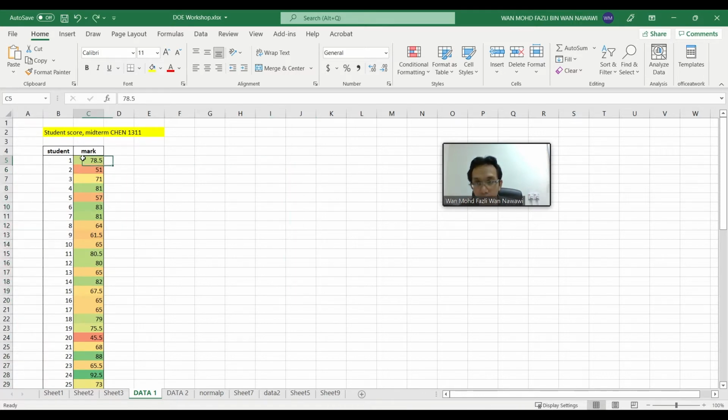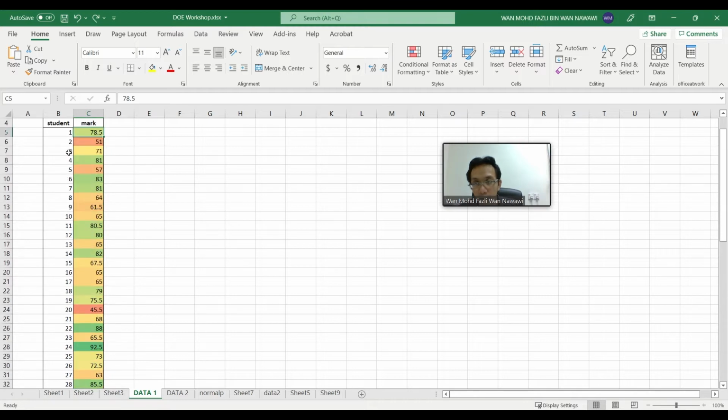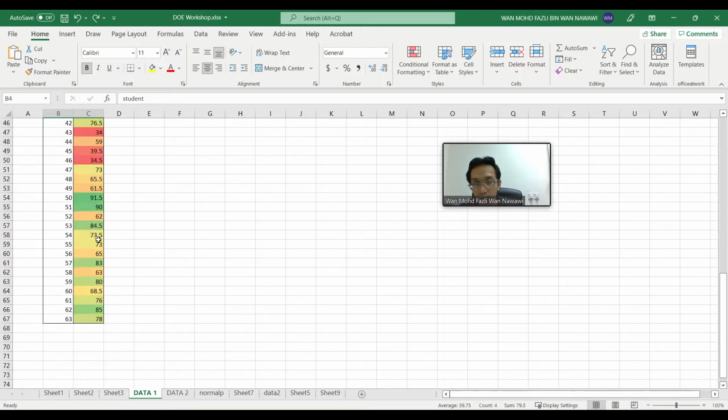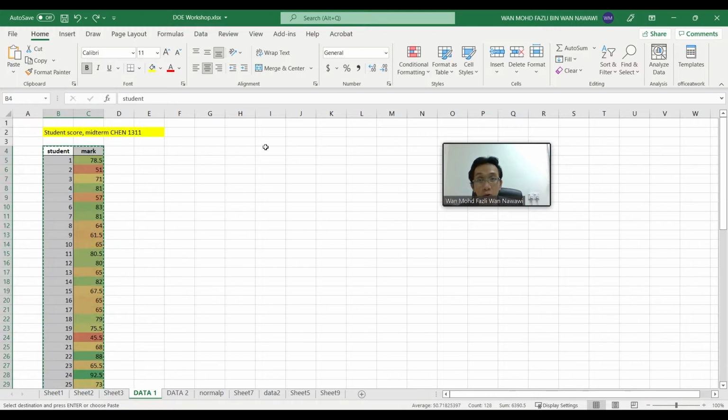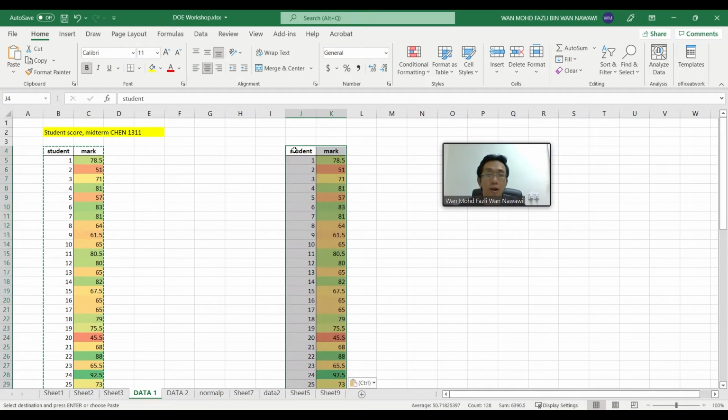Let me copy the entire thing, Control C. I want to show you how to work with data the manual way. That's why we use software like Design Expert and so on. If not, you need to do it manually like this. Using manual Excel, you can still do it, but it's tedious.